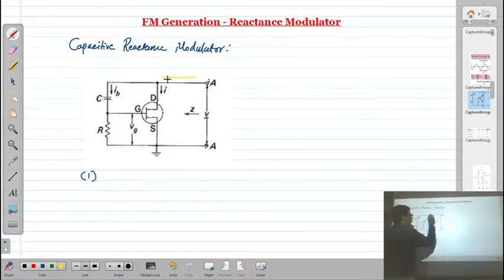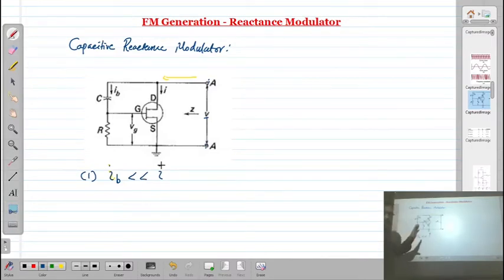This current is flowing this way, and this current is divided in two parts. That is the current I, which is the drain current, and the second is IB. Now here you should remember that the value of this current IB must be much less than my drain current I. Remember.